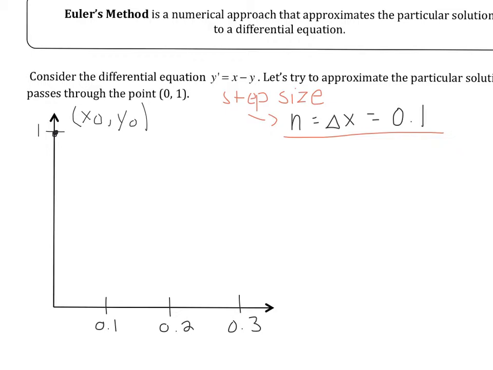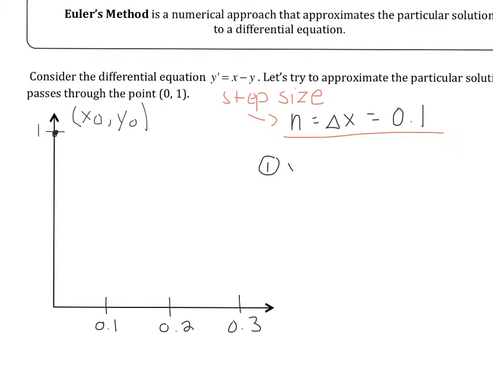Okay, so we know where we're starting. We know that we want to end 0.1 away from there on the x-axis, and we know how to move because we have information about the slope. So let's get going. We're going to be constructing a tangent line off the point 0, 1.